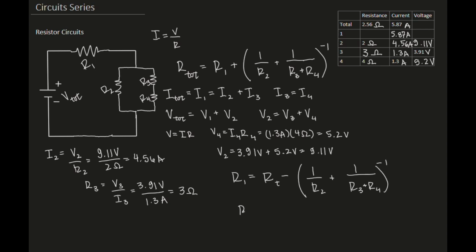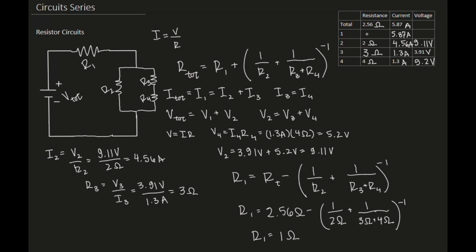So we get R1 equals 2.56 ohms minus 1 over 2 ohms plus 1 over 3 ohms plus 4 ohms, all of that inverse. When I plug that into my calculator, I get that R1 is roughly 1 ohm.